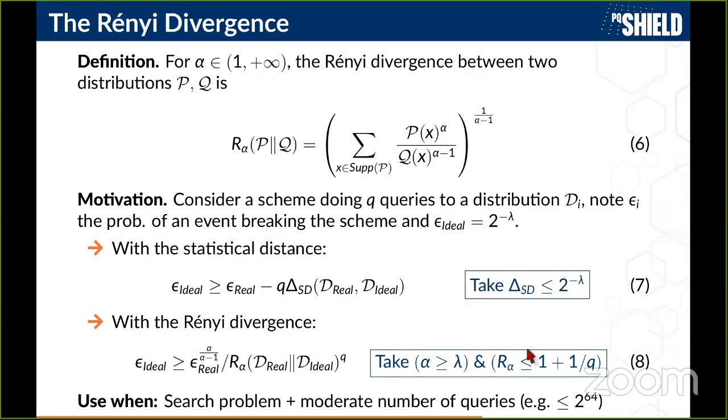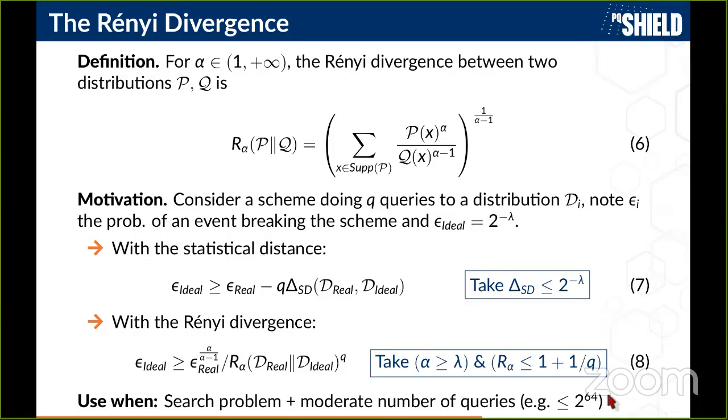And actually, the condition on the Renyi divergence is much less strong than the property for the statistical distance, because here we have 2 to the minus lambda, and here we have 1 over q.